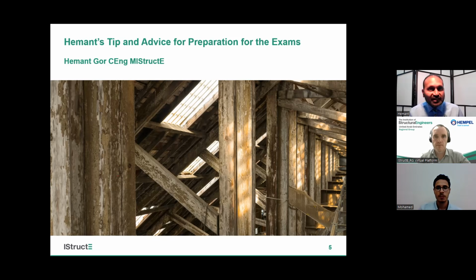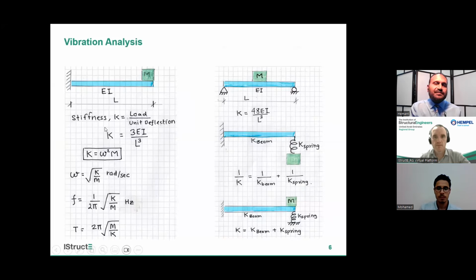So the first question is about vibration analysis, where the candidate is checked on their knowledge of calculating natural frequency of vibration.